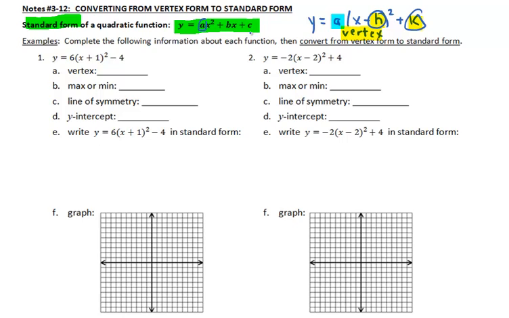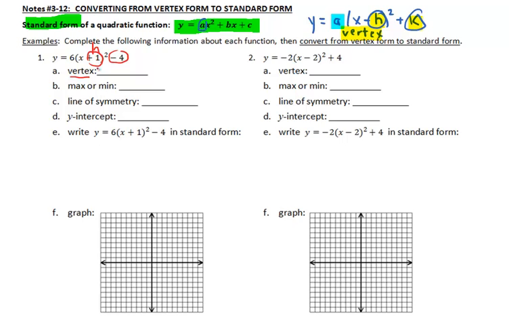But before we do that, we're going to go ahead and review what we did in the last lesson. The first thing is we're going to write the vertex. Our first equation is y equals 6 times (x plus 1) squared minus 4. Remember, the vertex comes from this and this. That 1 gives us our h, but remember we have to take the opposite of it.